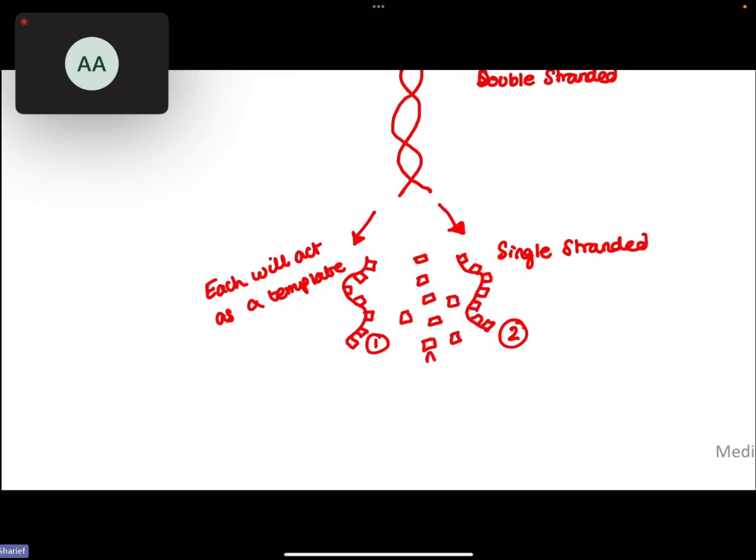For example, this could be A, this could be T, this could be C, this could be G, A, T, C, G. All of the squares present on the single-stranded DNA will also have a letter: this would be A, T, and so on. This will attract a T, an A will be attracted to here, a T here, an A here.